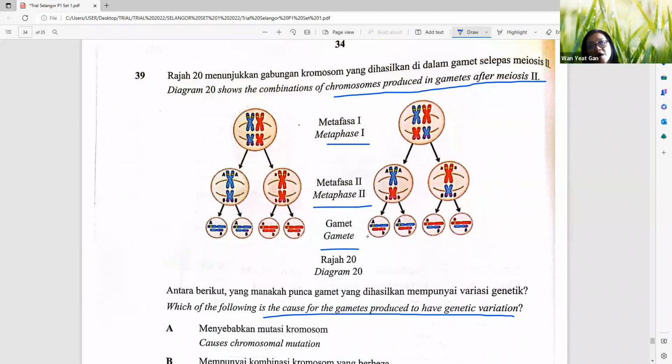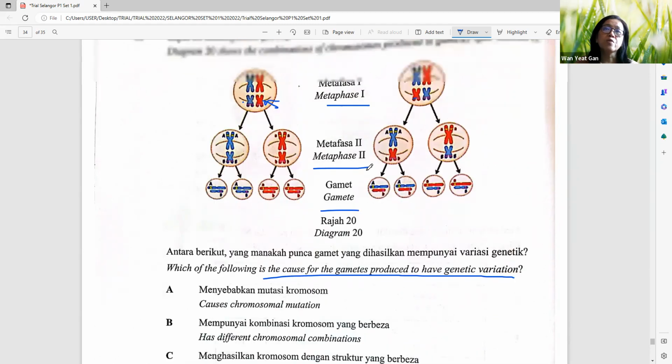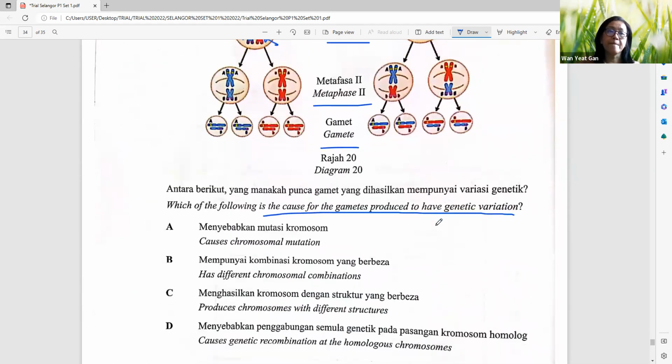In the first picture, the blue and the blue are on the same side, and the red and the red are on the same side. This is opposite from the first arrangement. Here the blue is pairing up with the red, and another blue pairing up with another red. This results in different combinations because of the independent assortment of homologous chromosomes during metaphase 1. Okay.